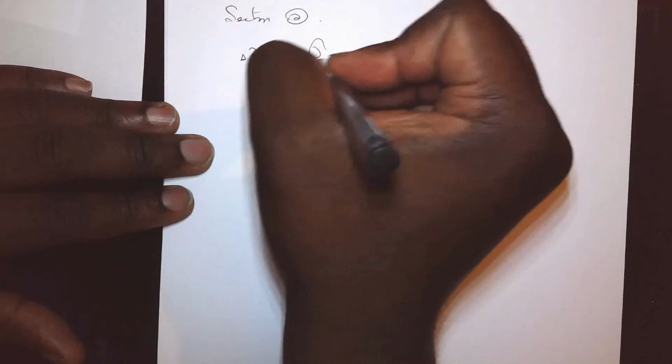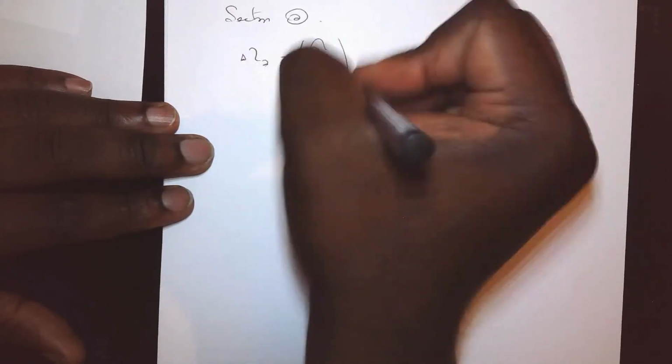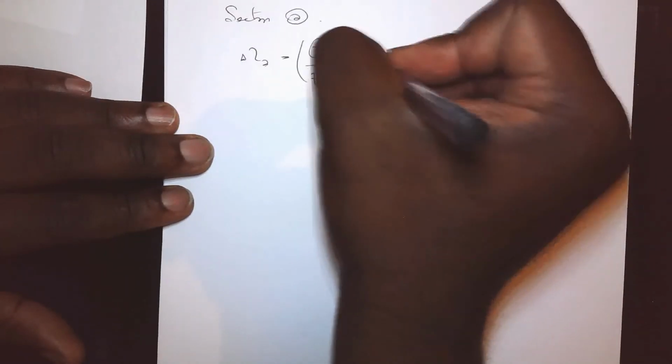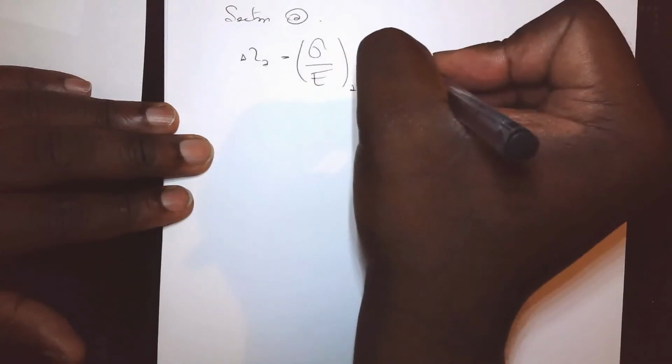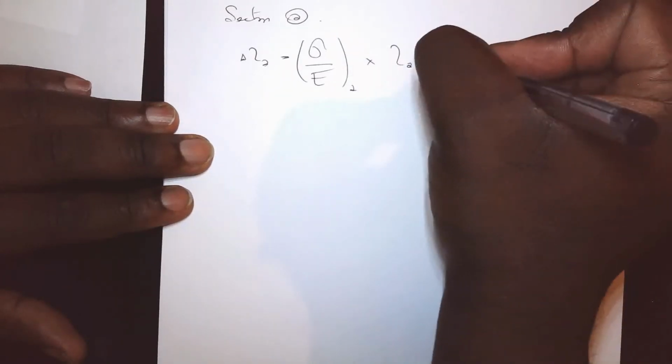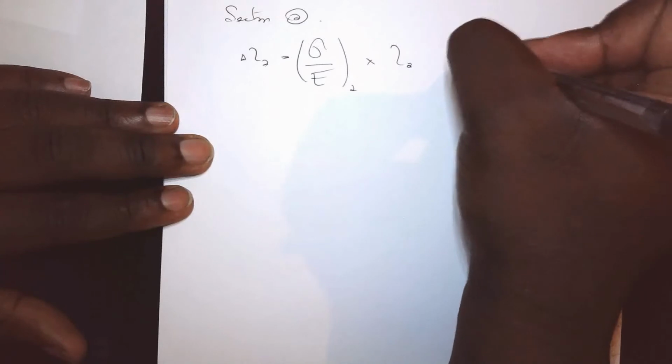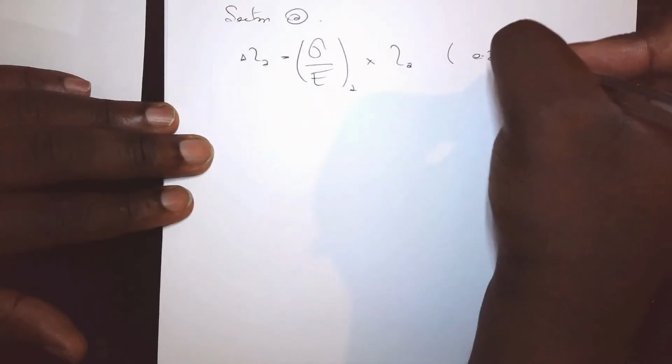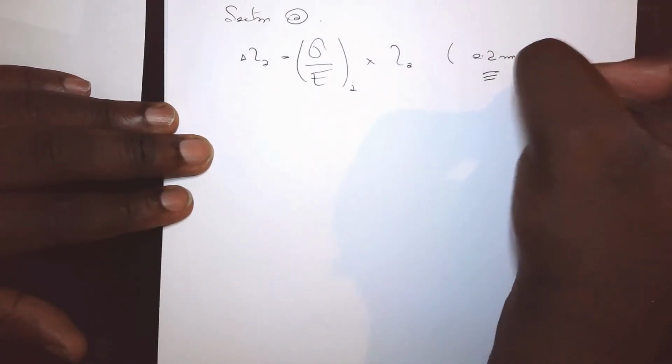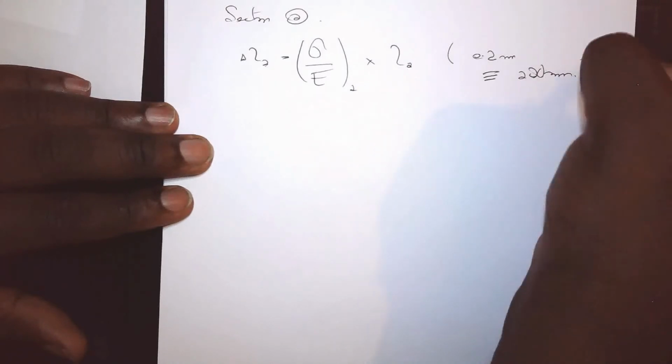For section 2, the extension delta L2 is equal to sigma over E subscript 2 times the original length. The original length in the problem, I think, was given as 0.2 meters, so this is the same as 200 millimeters.